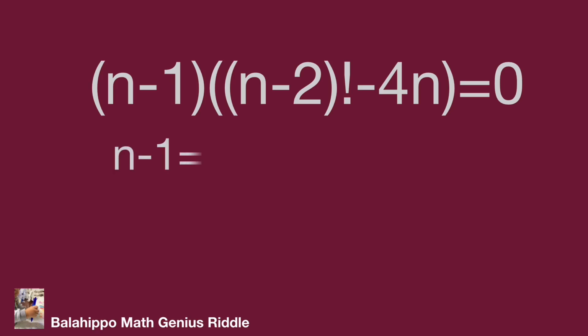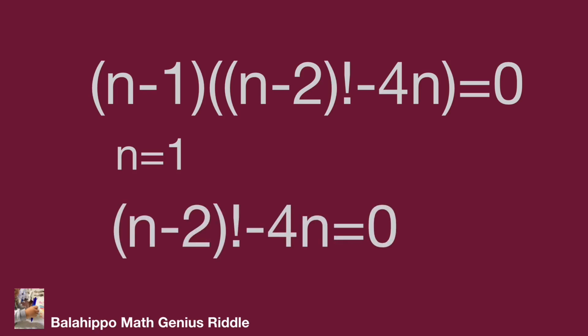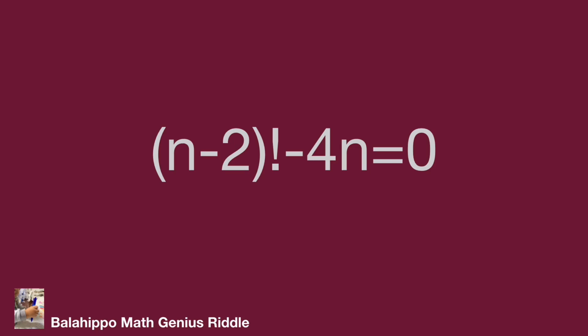Then n−1 equals 0 means n equals 1, or (n−2)! − 4n equals 0. We check if n equals 1 in our question. It is not the answer. So let's find the answer from (n−2)! − 4n equals 0.